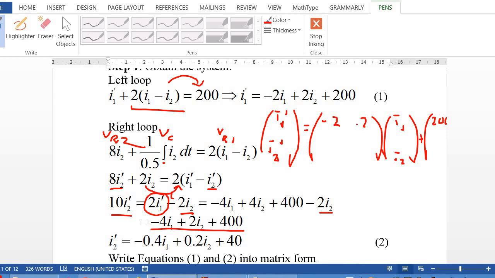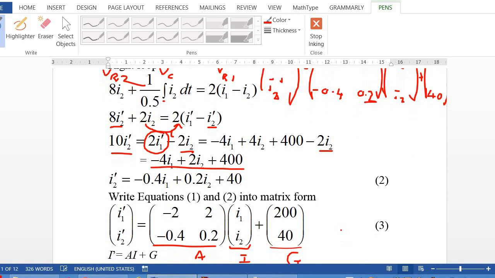So you have here minus 2 I1 plus 2 I2 plus 200. The second equation, di2/dt, I2 prime, is negative 0.4 I1 plus 0.2 I2 plus 40. Here, 40. That's why you obtain this.